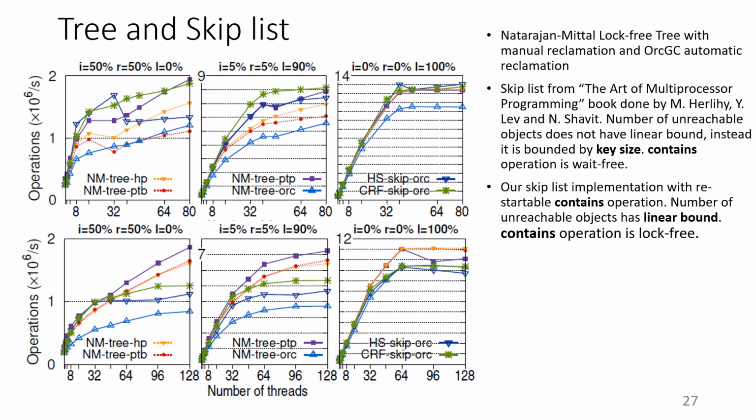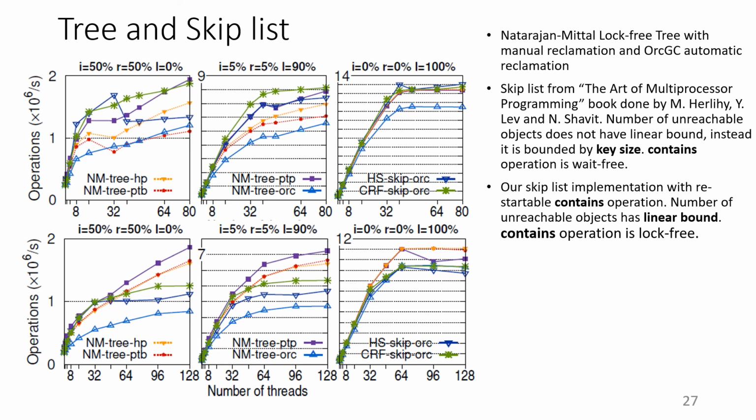We implemented our own skip list based on the skip list of Herlihy, but now the contains operation restarts and the remove operation poisons the hard links that refer to other objects.